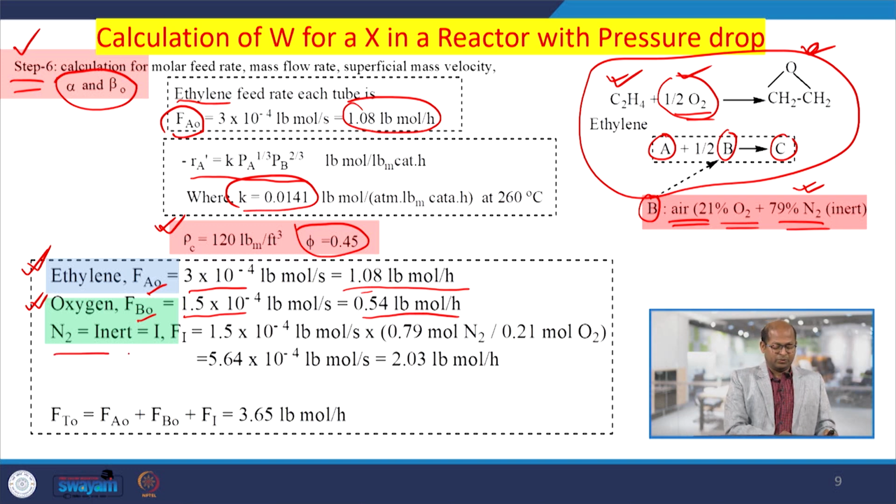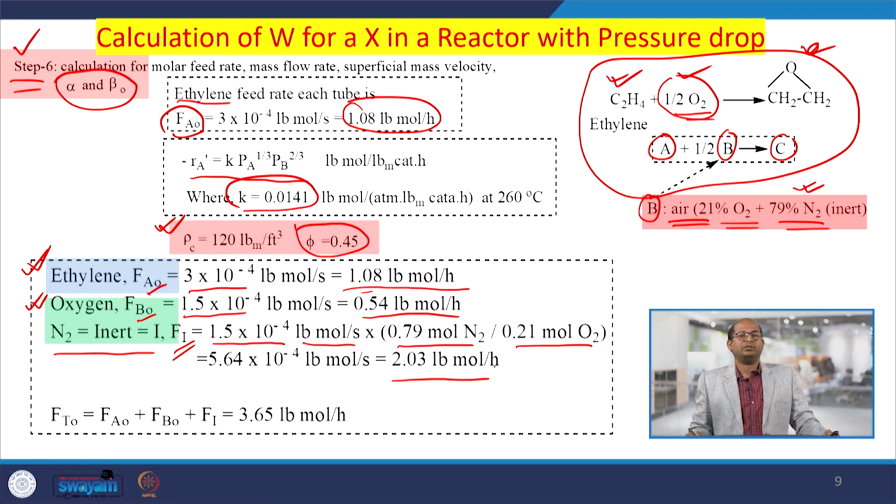So, that much oxygen will be required. Similarly, for the inert component, nitrogen, the molar flow rate remains constant initially and finally, but we also have to calculate it to get the total molar feed at the inlet of the reactor. So, that would be 1.5 into 10 to the minus 4 pound mole per second multiplied by this and divided by this. Then from here we get 0.203 pound mole per hour, that is the nitrogen entering with the reactants. Okay.